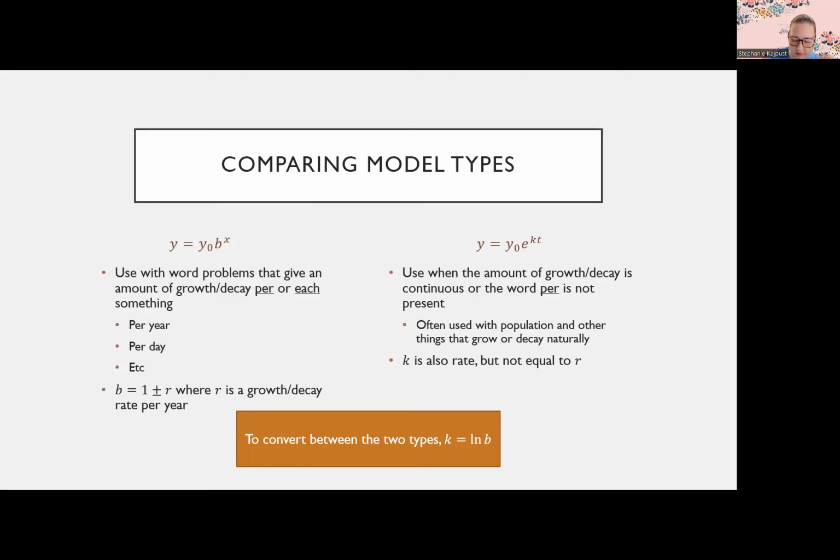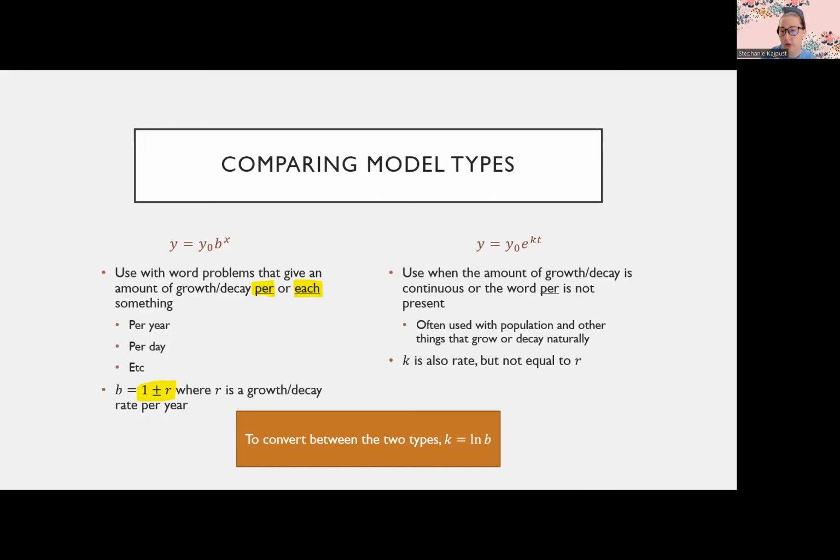If you see something like per or each in your word problem, like something is growing per year, per day, each year, then you're going to be using the model on the left. And we can replace b with 1 plus or minus r, plus if you're growing, minus if you're decaying or getting smaller, and r is your growth rate, your percentage rate.